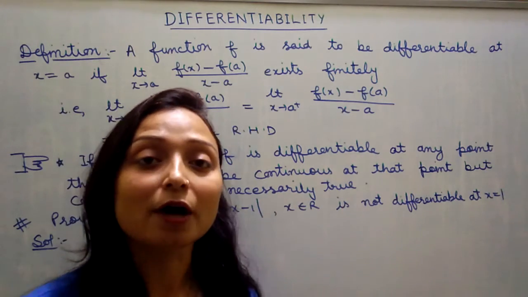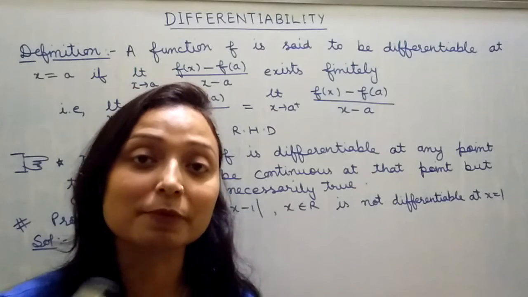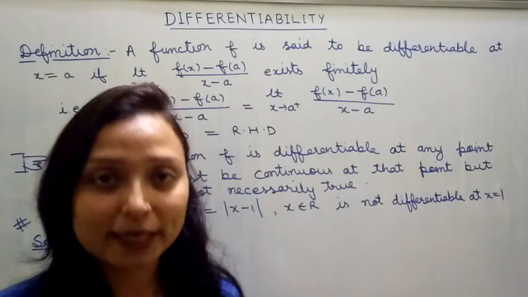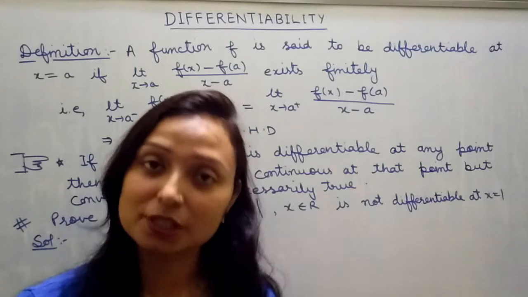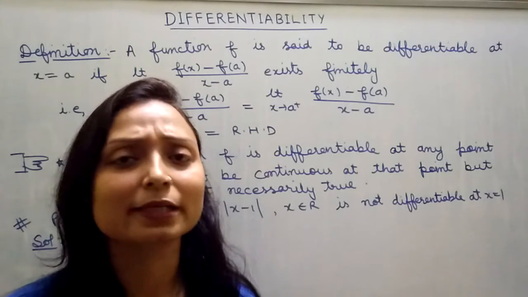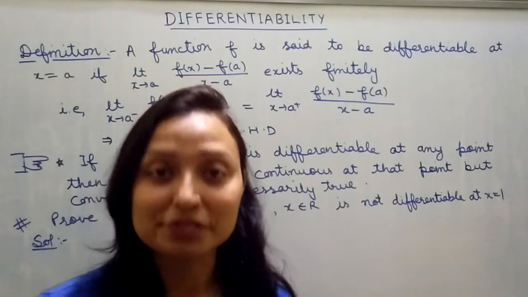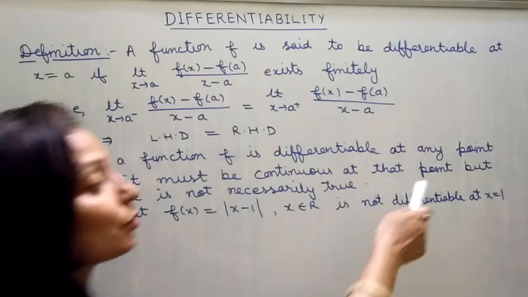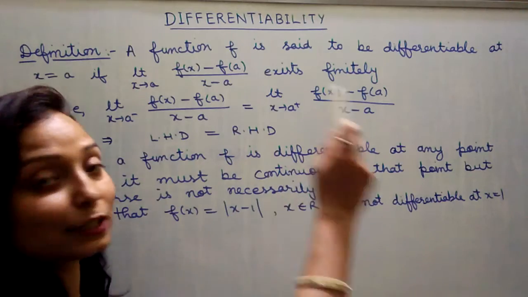For every differentiable function, the function must be continuous, but to prove a function continuous, there is no necessity to make the function differentiable. So we can write that the converse is not necessarily true.